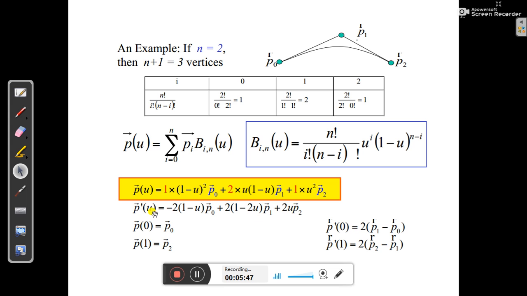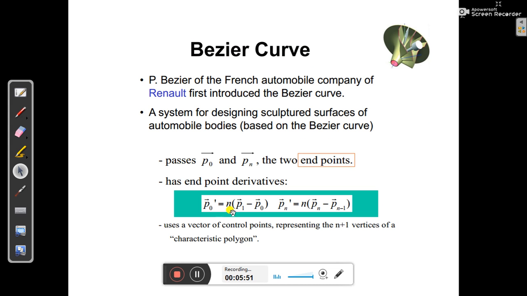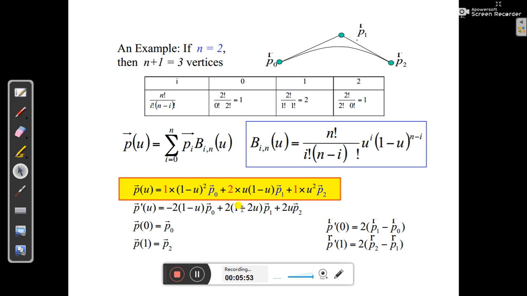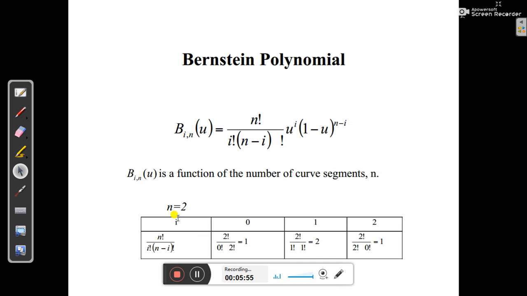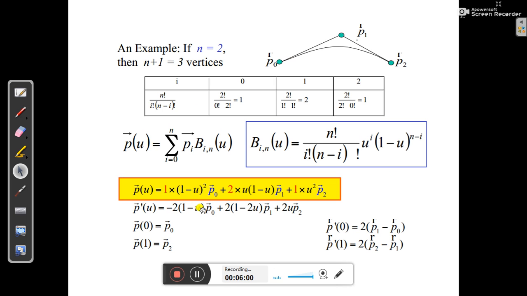And P0, that is the derivative, P0 is this one. So P dash, sorry, P dash, this is the P dash. So for any P dash you will get this one. This is the derivative of this, so we can get this one. Then if you put 0 in case of u, you will get this one.